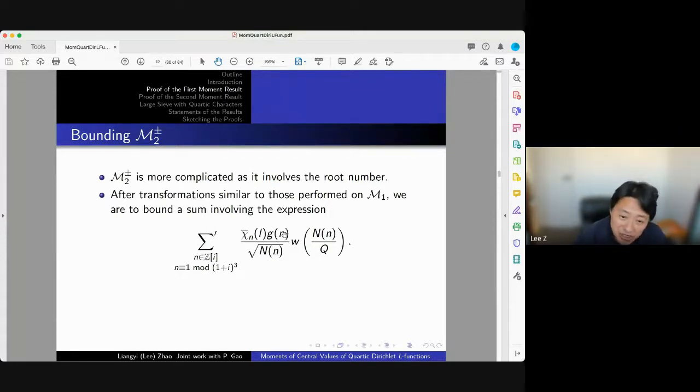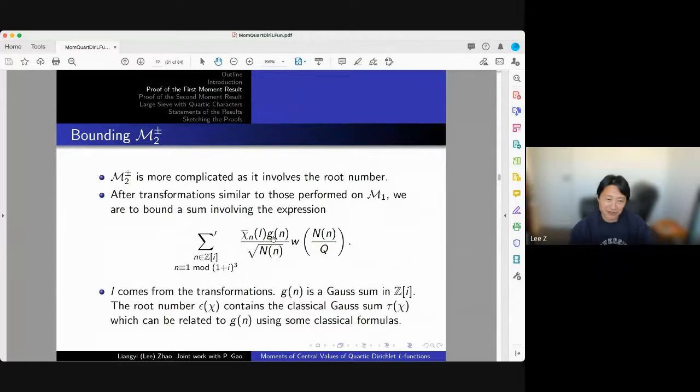And this g here, this is the first time that it appears. So what is that? Well, again, L comes from the transformations before, and this G is a Gauss sum in the Gaussian integers.